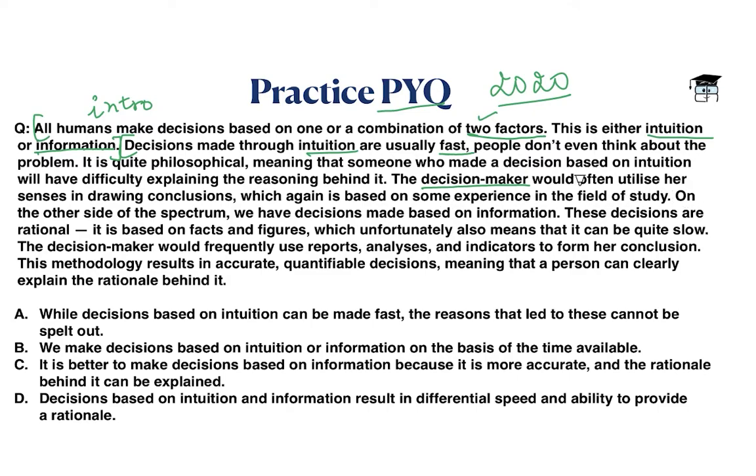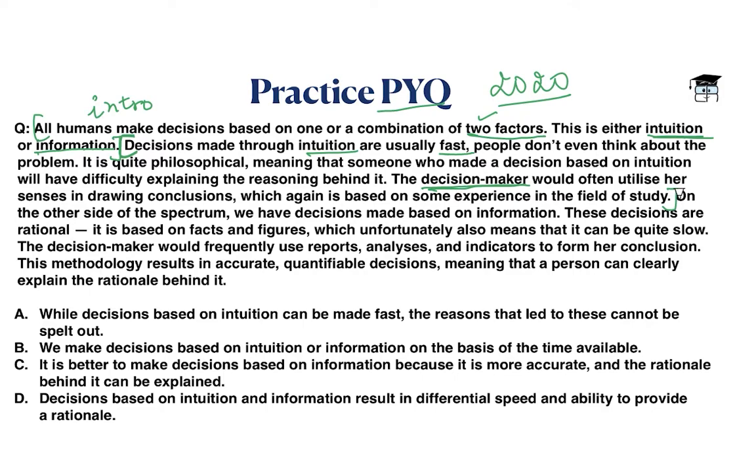On the other side, okay, so I know that from this line to this line, the author is talking about one factor, which is intuition, right? He's explaining one factor, which is intuition, and he's talking about another keyword, which is decision maker. Now, decision maker is a person who makes a decision, right?